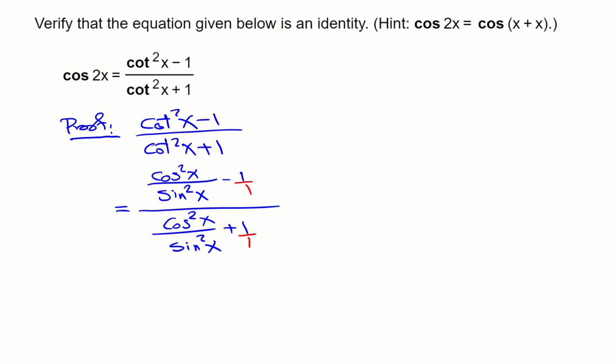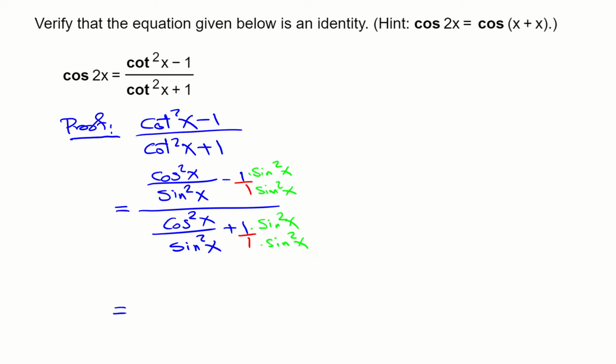So we end up having to multiply top and bottom of the 1 over 1 by sine squared x, and the same down here.